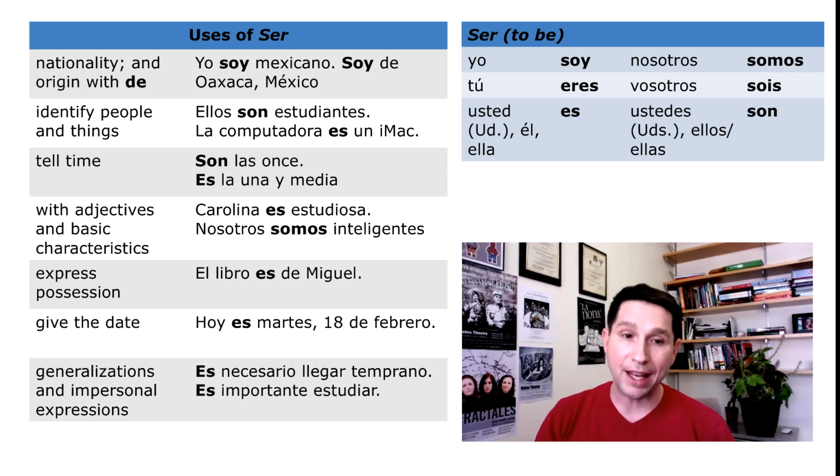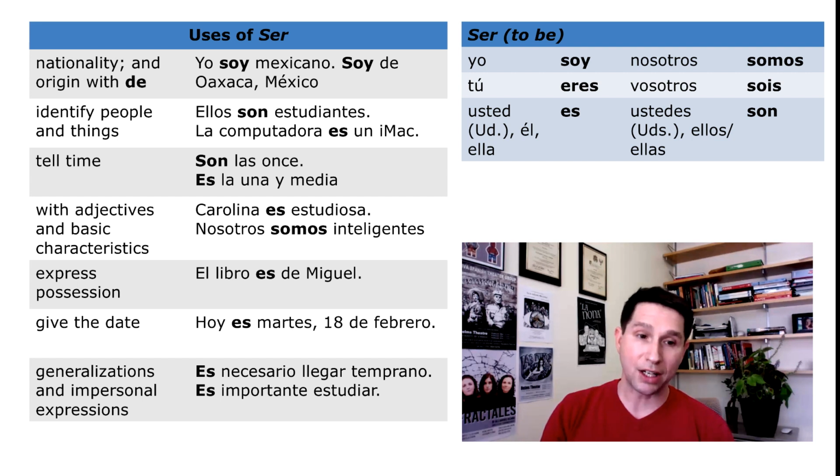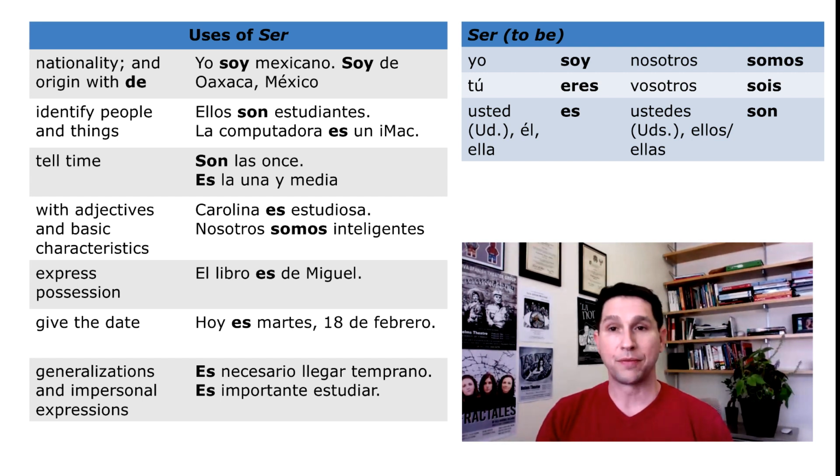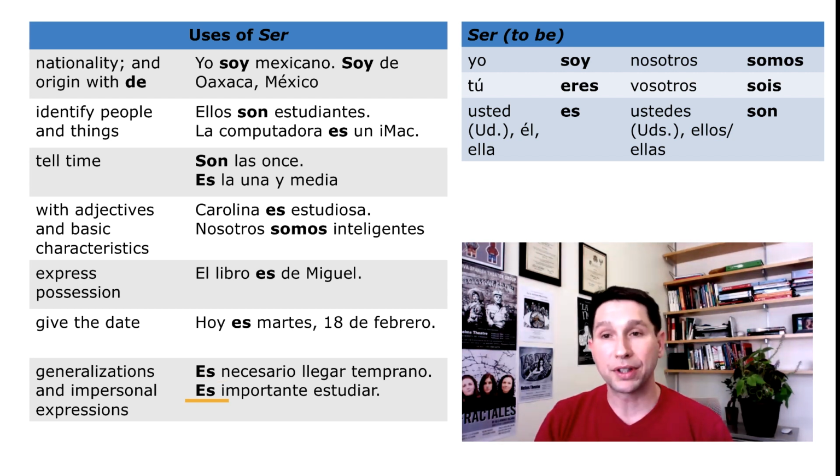El libro es de Miguel. We can also use ser to give the date. Hoy es martes 18 de febrero. To make generalizations and impersonal expressions. Es necesario llegar temprano. Es importante estudiar.